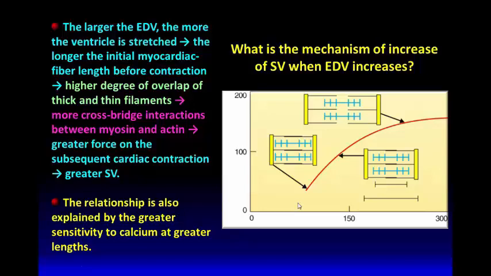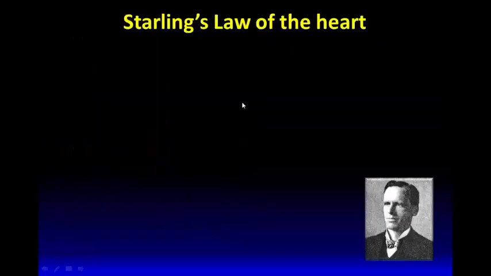So the contractile machinery of the myocytes becomes more sensitive to calcium as the myocardial fibers are stretched more during diastole and before they begin systole. So in short, as the end-diastolic volume increases, stroke volume also increases.